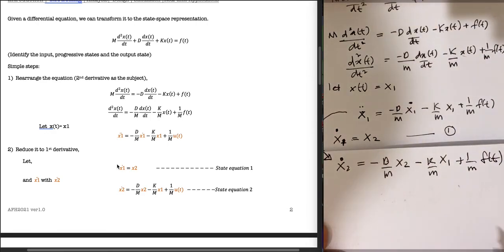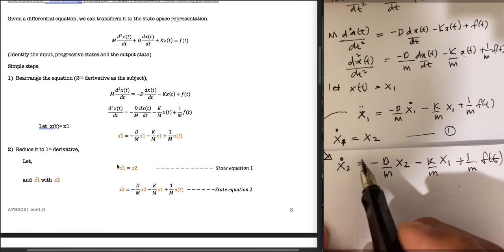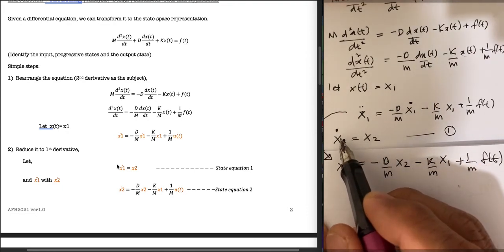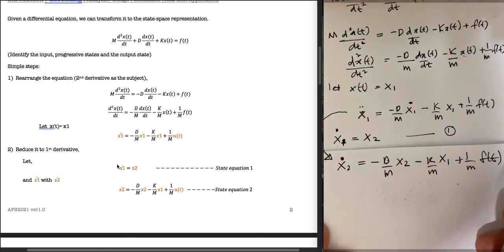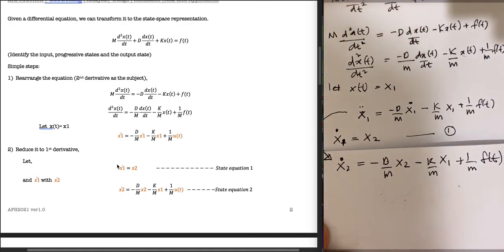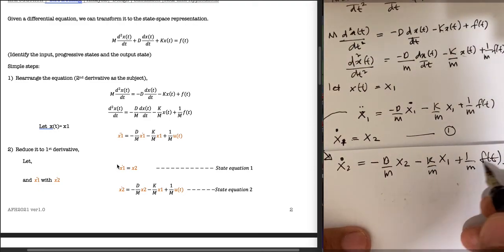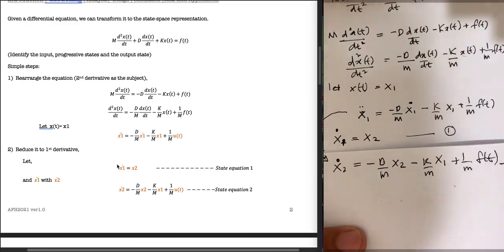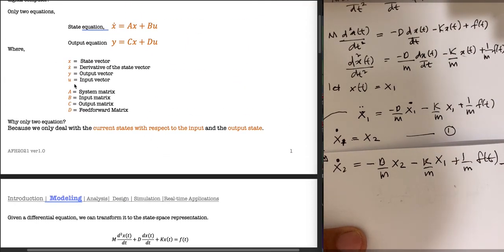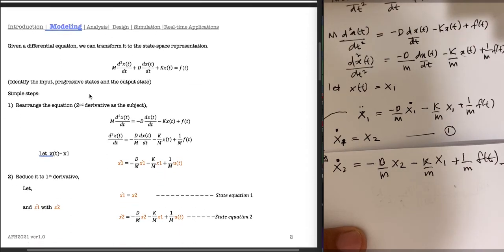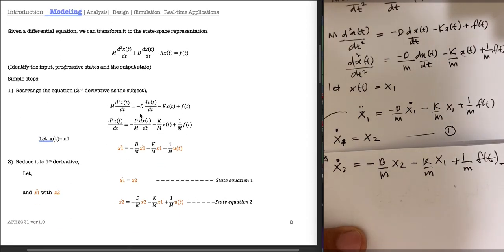Okay. So now we have reduced the equations from the second derivative to first derivative. So we have the second equation, state equation. So f(t) is the input, so we can replace f(t) with u(t), because in our state space equations the input vector is u, so we just replace f(t) because it is our input to the system.